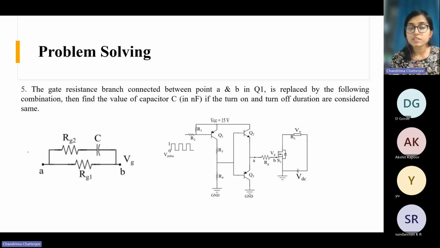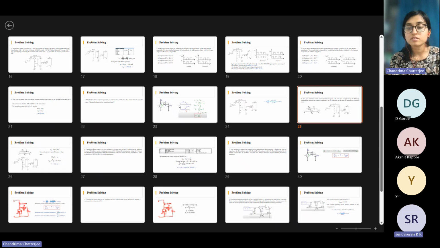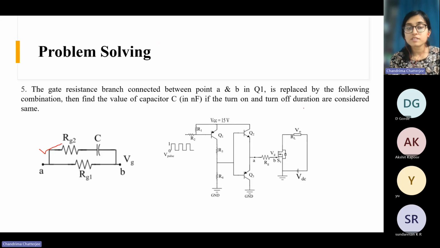This one we already discussed for the BJT. There is this RC circuit, and in parallel there is another resistance. So we are using this circuit. They have asked the value of the capacitor C, and they have also told that turn on and turn off durations are considered the same.